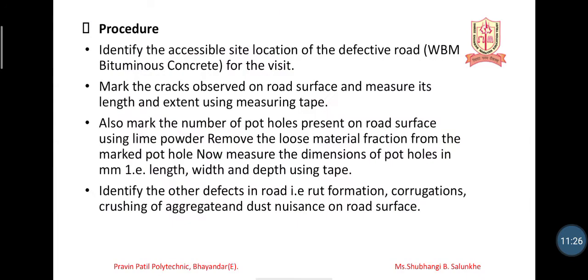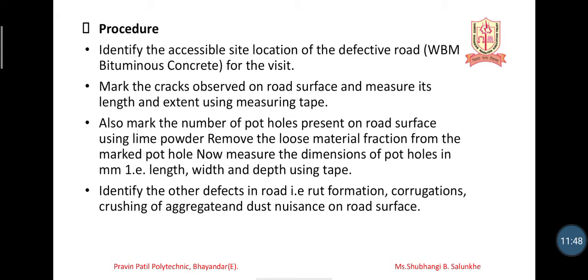Okay, so all these defects you can generally see even on the flexible pavement, even on the rigid pavement. Then what is the procedure? Identify the accessible site location of the defective road, that is WBM, bitumen, concrete, for the visit. Observe the cracks on the road surface and measure their length and extent using a measuring tape.